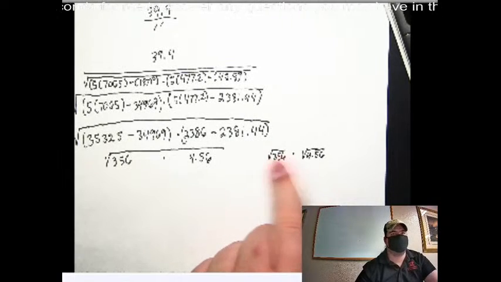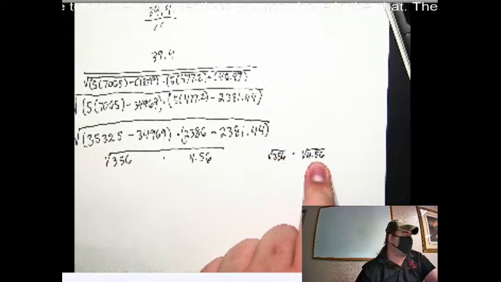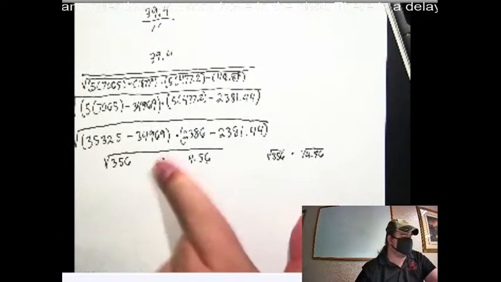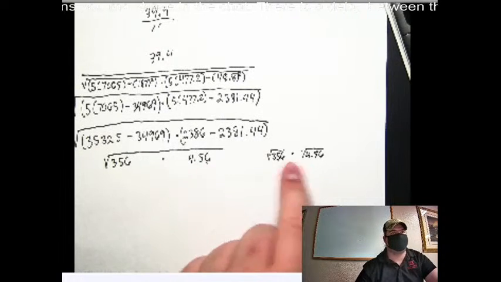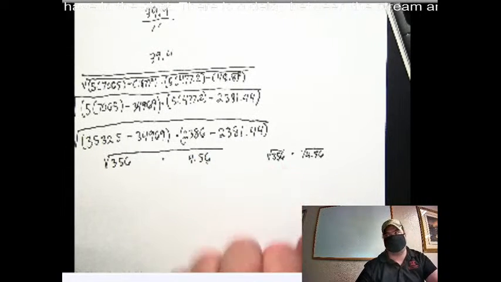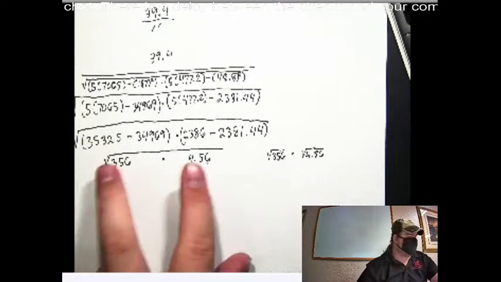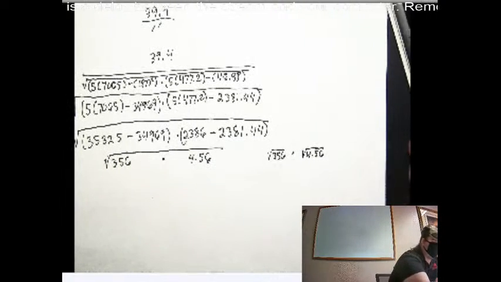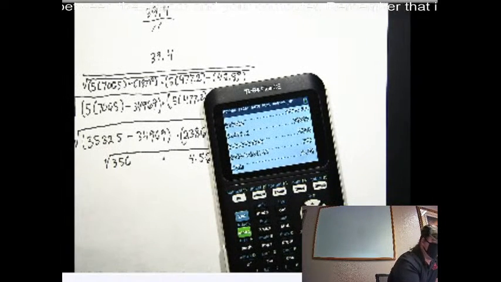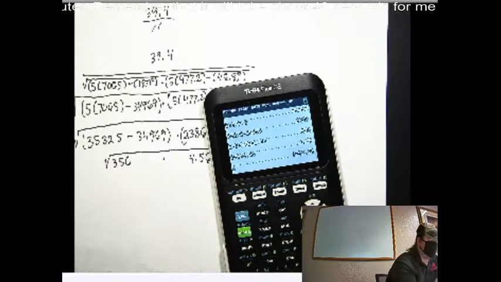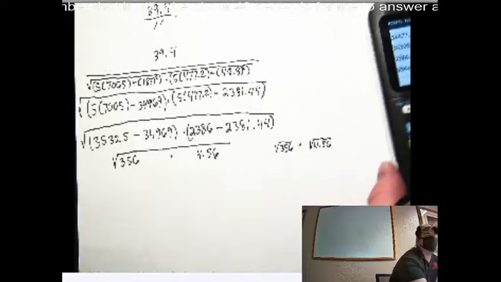If you have roots, you can multiply the numbers underneath the root to make them one root. That's why this is the same as this. There's no difference between these two ways of writing it. So we multiply these two numbers together. 356 times 4.56. And we get 1,623.36.